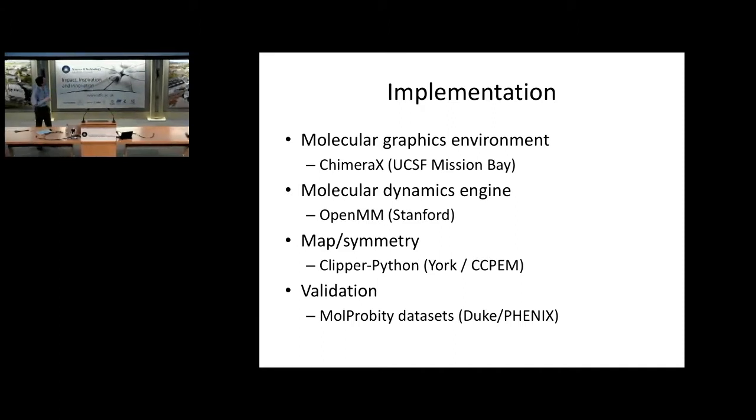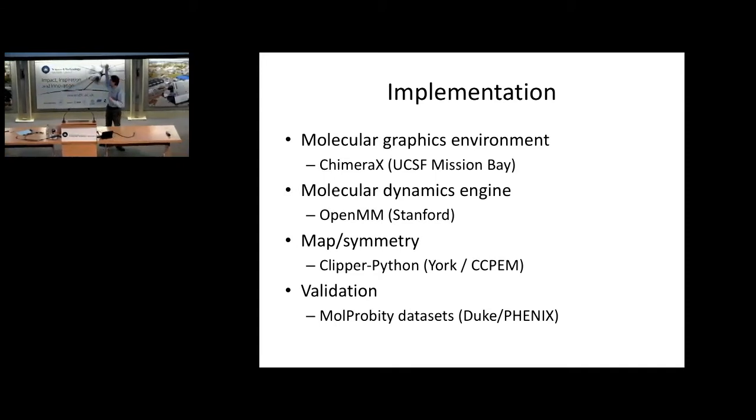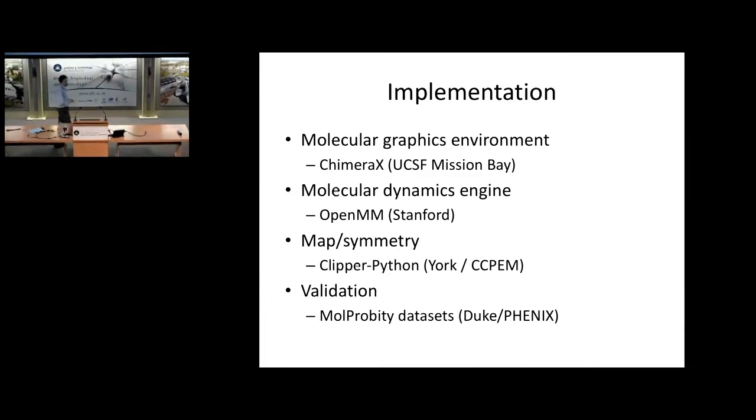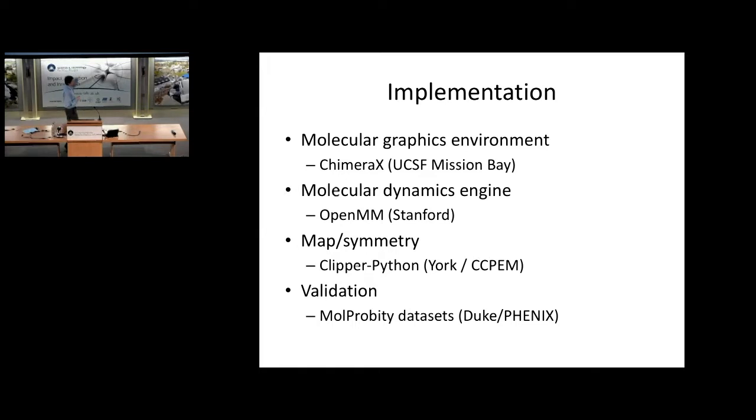The actual implementation, the graphics environment is ChimeraX. This is the brand new and definitely improved in many ways molecular graphics system from the people behind Chimera over at UCSF. It's currently in alpha, evolving very, very rapidly, and ISOLDE and ChimeraX are kind of evolving in parallel to each other.